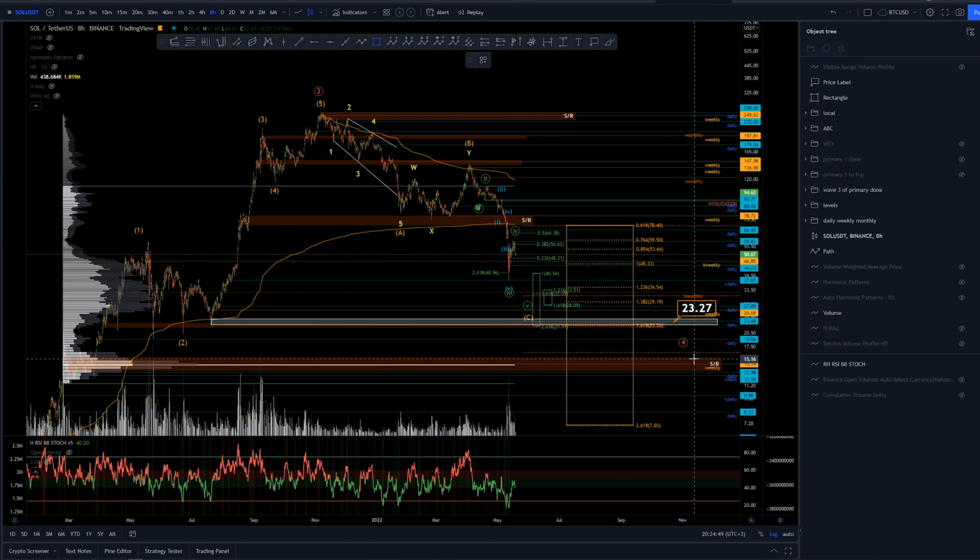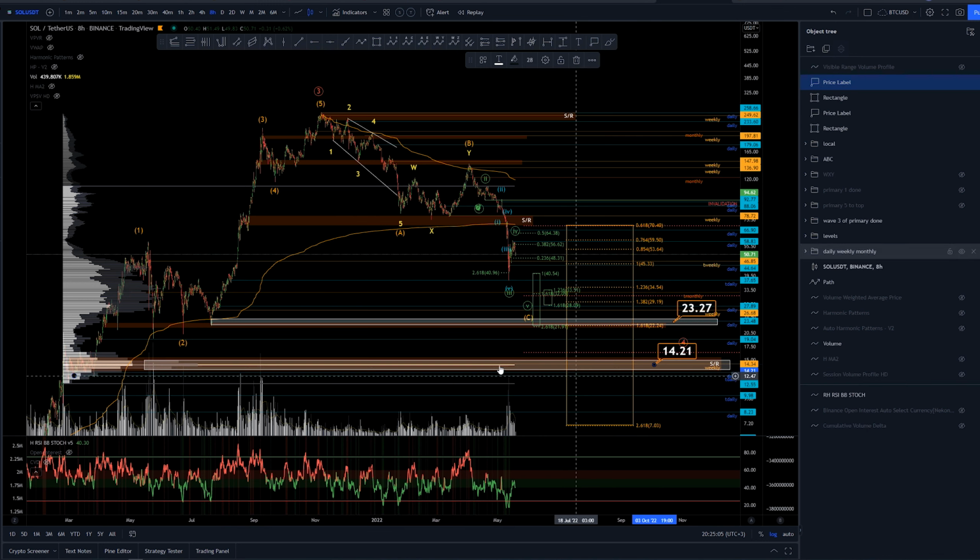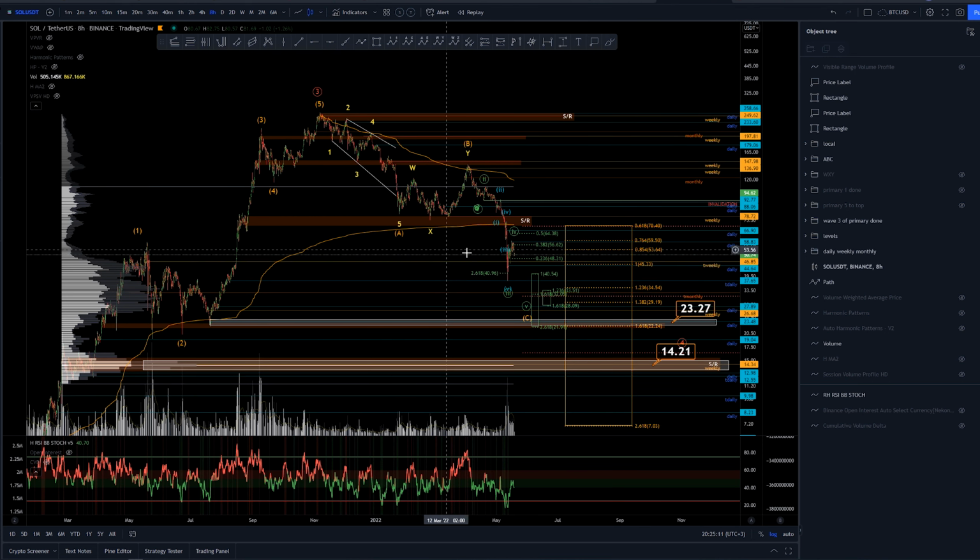Again, if we are going to go below, we would need an extension for the fifth wave, and if it is still even the C wave here, another really good area to look for longs is this one here, around $14. We have a weekly support and resistance area with loads of volume here. Definitely an area that is interesting. Pretty much that is it.